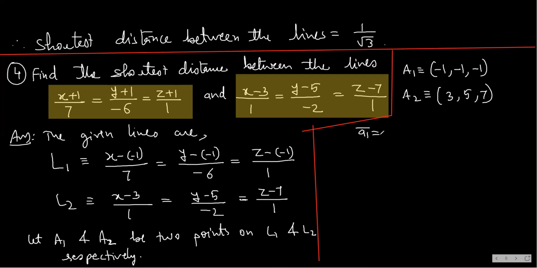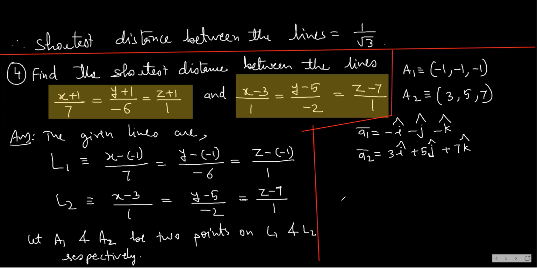So A1 bar is minus i cap minus j cap minus k cap, and A2 bar, now I'm writing the position vectors of these 2 points, is 3i cap plus 5j cap plus 7k cap. Now I will write down A2 bar minus A1 bar.